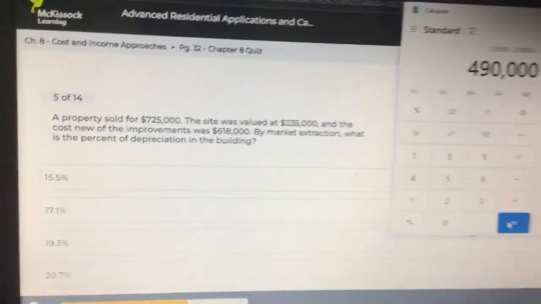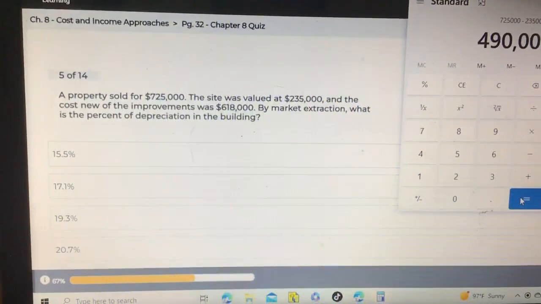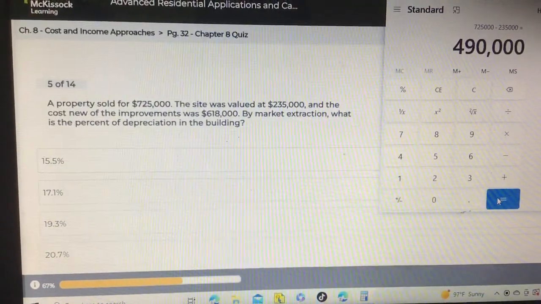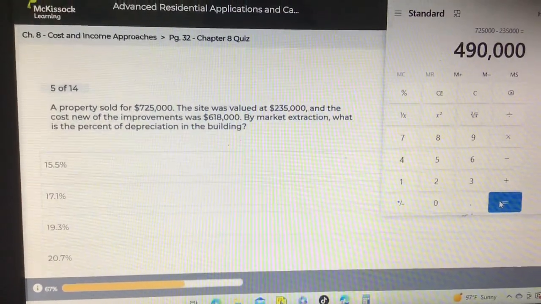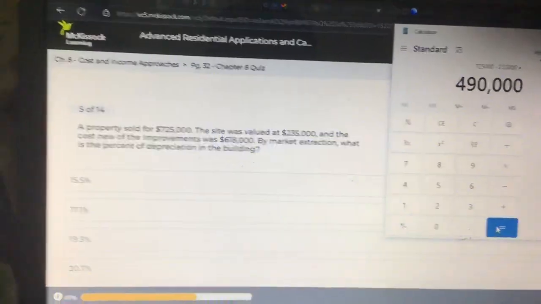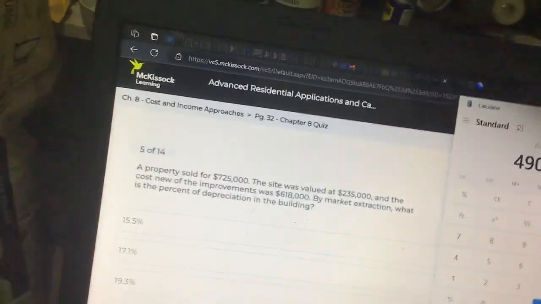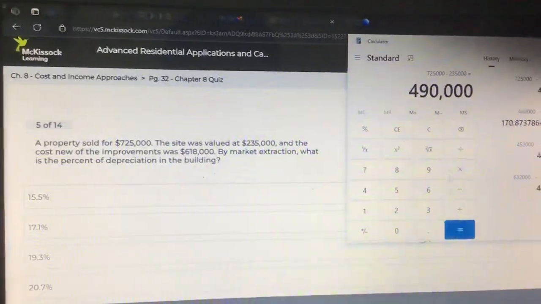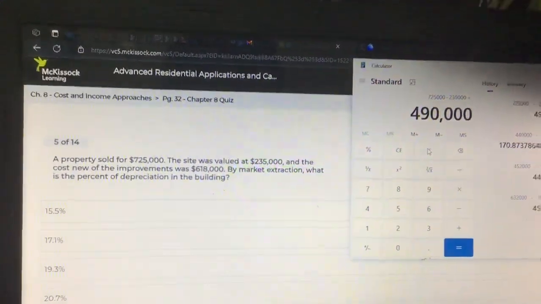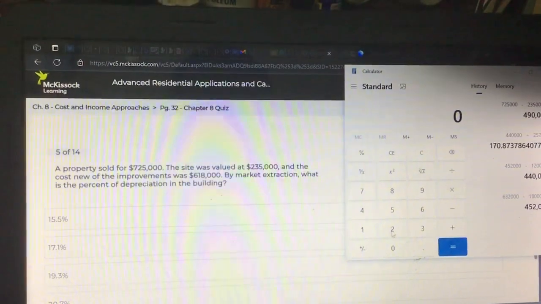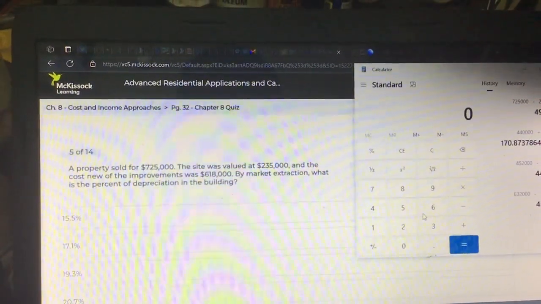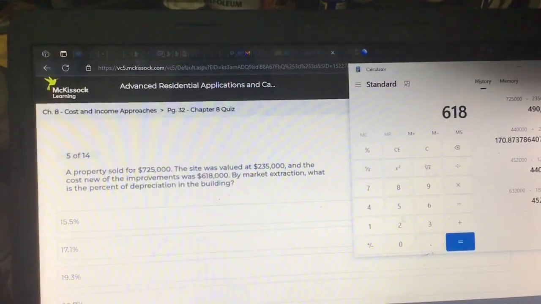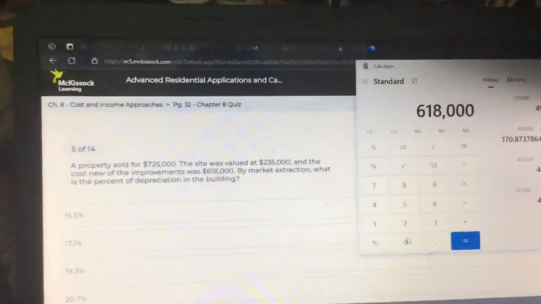Phase 2 of the formula, and the cost new of the improvements was $618,000. You're going to clear that. Then you're going to enter in the estimated cost new of the dwelling, which is $618,000.